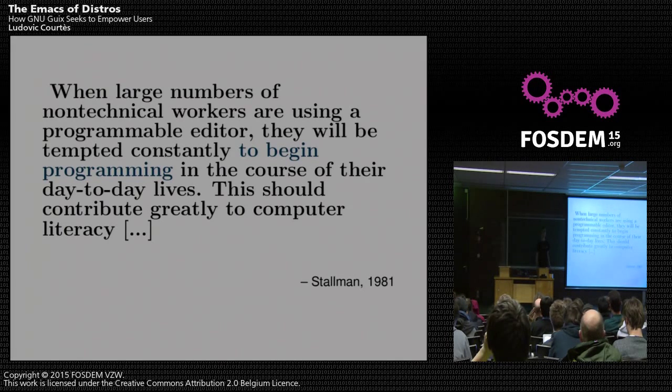And the idea was that secretaries perhaps at the time would use Emacs, and these are typically people who were taught by society that they would be unable to program. But with a programmable editor, the hope was that, with Emacs, those people would finally end up being able to program by themselves. So they would really be in control of the software they use, right? And that's the hope.